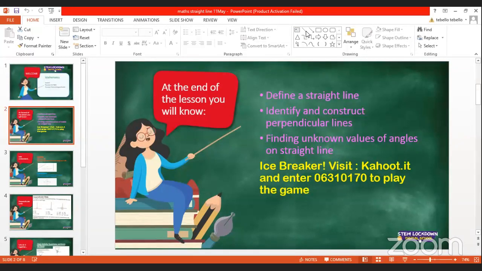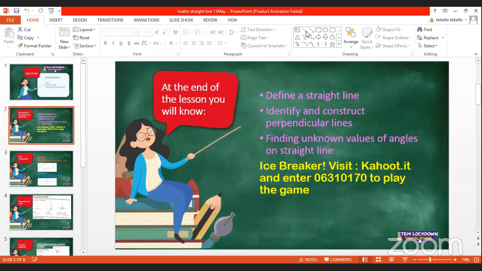And then question number 3, they say a straight line is a sum of, and our answer is 180 degrees. And then the 4th question, we had an equation. The equation was a plus 45 degrees equals 180 degrees. So our answer for number 4 is 135 degrees, right?